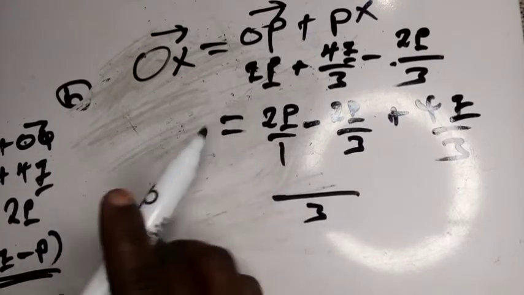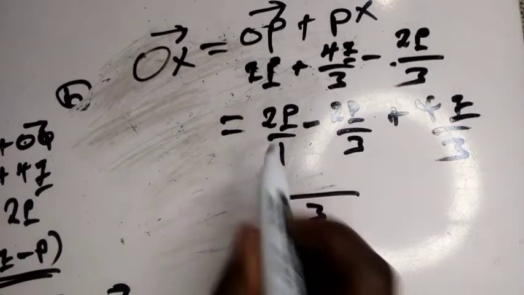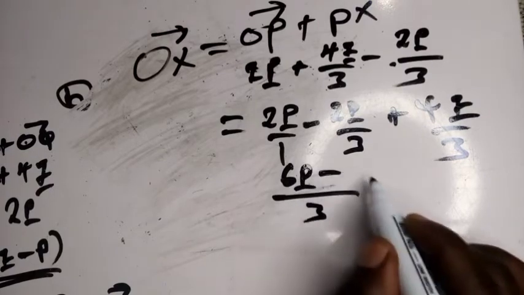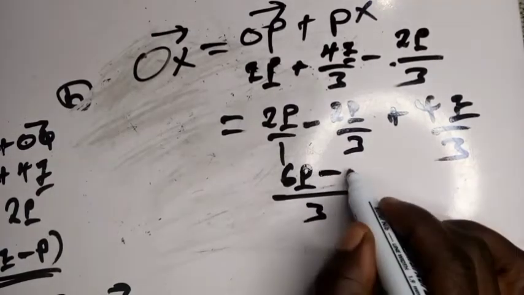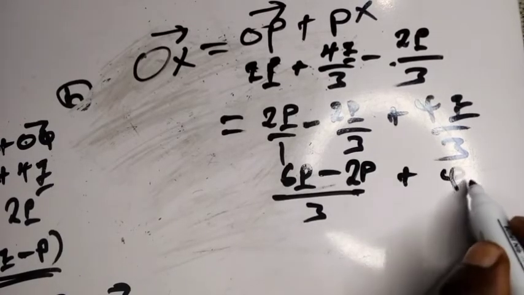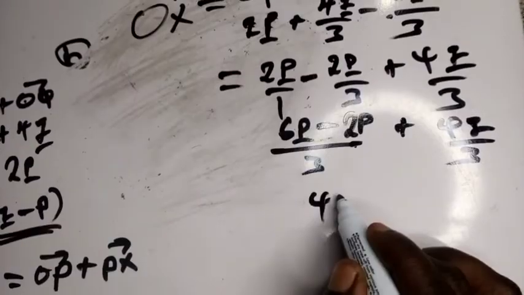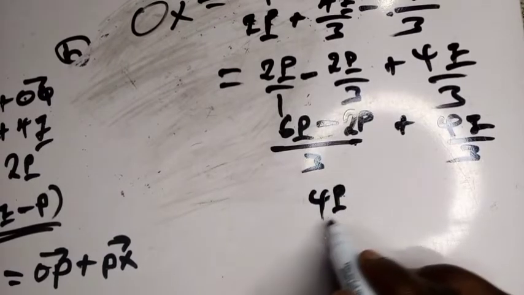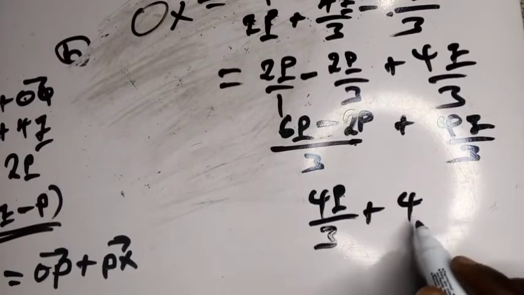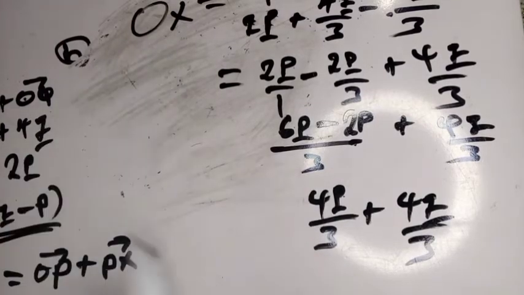Then 1 into 3 is 3, 3 times 2p we are going to have 6p, then minus 1 times 2p, plus 4q over 3. 6p minus 2p, we are going to have 4p over 3 plus 4q over 3. This is the answer for OX.